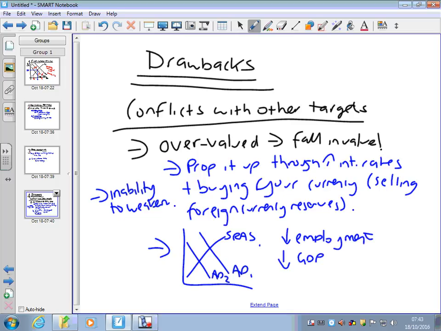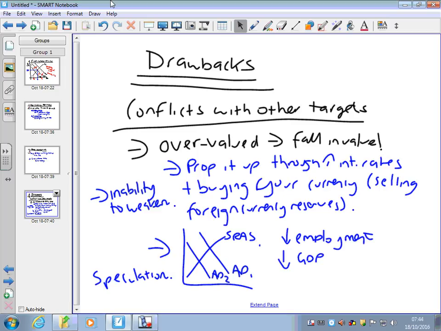Now, a lot of people said as well that the biggest problem of this is that you get speculation. Okay, let's imagine that your currency is overvalued. So what you're doing as a domestic economy, you're whacking up interest rates, crippling people in your own economy. You are selling foreign currency reserves left, right, and centre. Speculators will watch you do this and think, hang on, there's no way they can maintain those high interest rates. There's no way that as an economy they can keep buying their own currency by selling foreign currency.